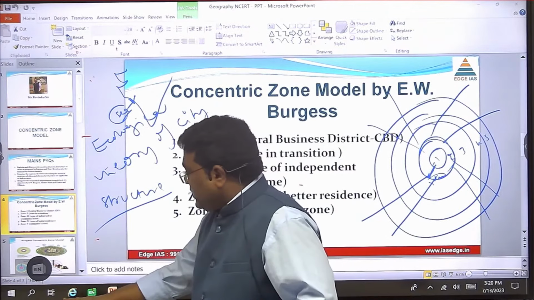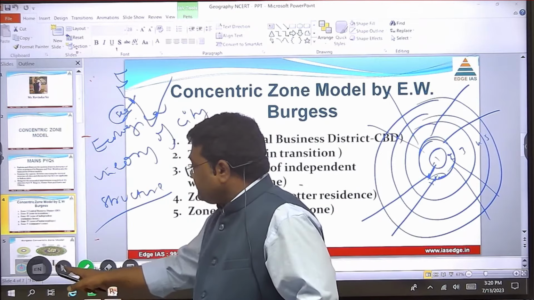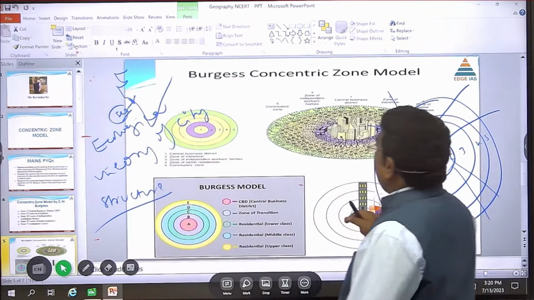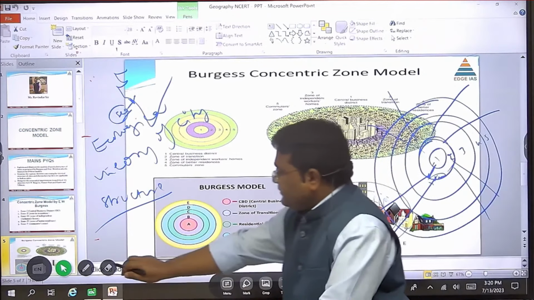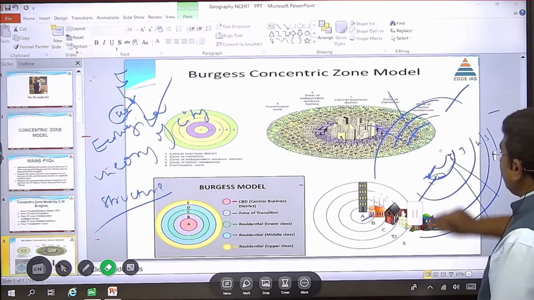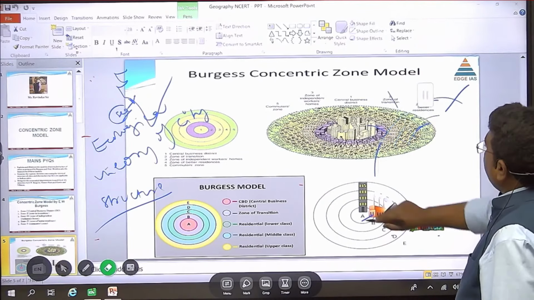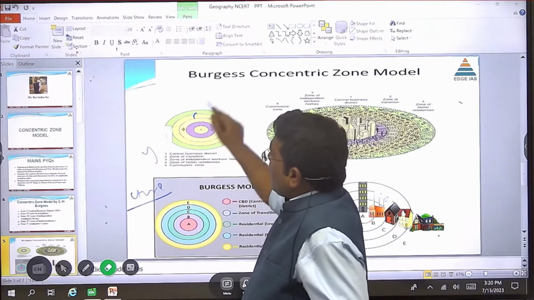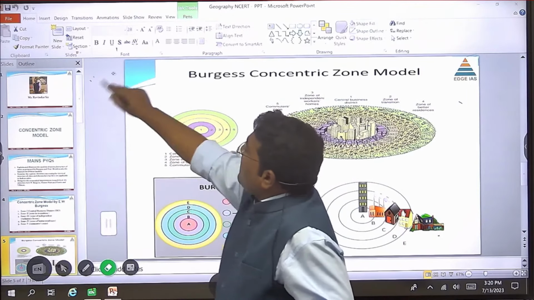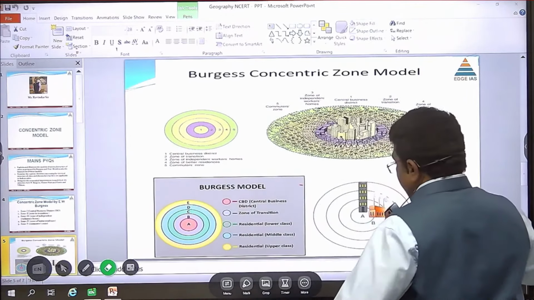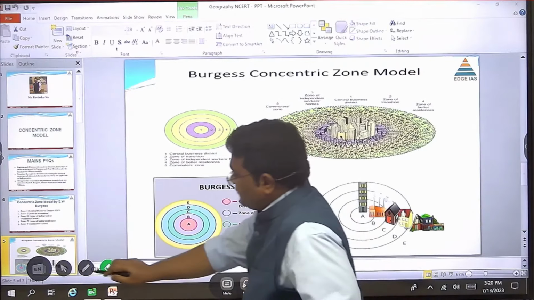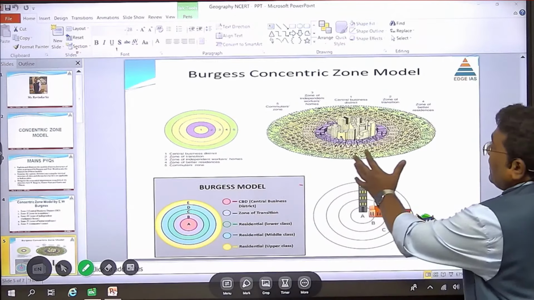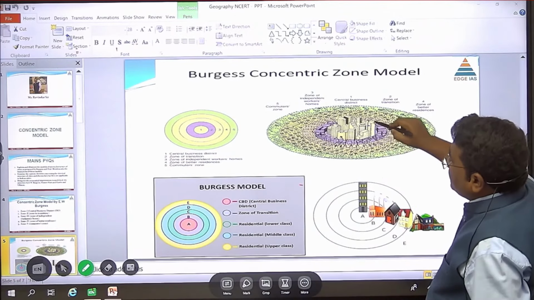If you carefully observe this concentric zone model in India, you can see here 1, 2, 3: the central business district, and at the central level tall buildings are present.